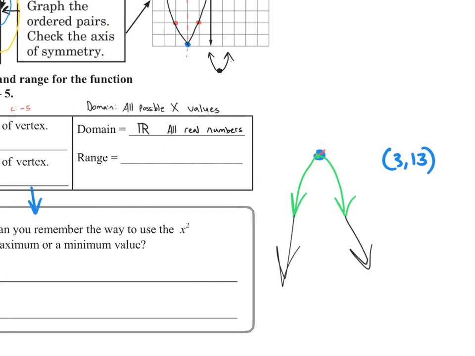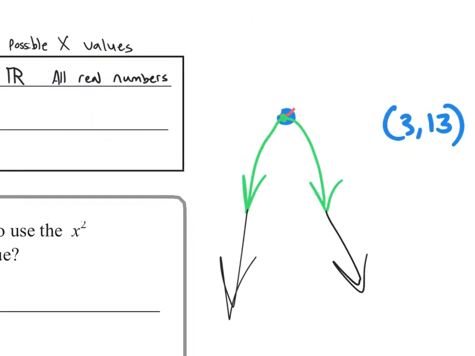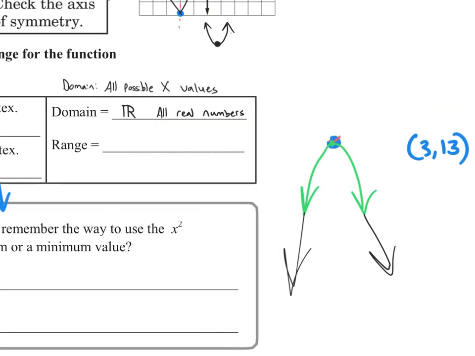However, the range is not going to be the same. It's not going to be all real numbers. Because if we look at our case, I don't go to every y coordinate ever. I have a maximum. I stop at some point. So what we want to say for this range is we're going to say, hey, our y values are always less than or equal to 13. Because 13 is the very tallest point of this quadratic.